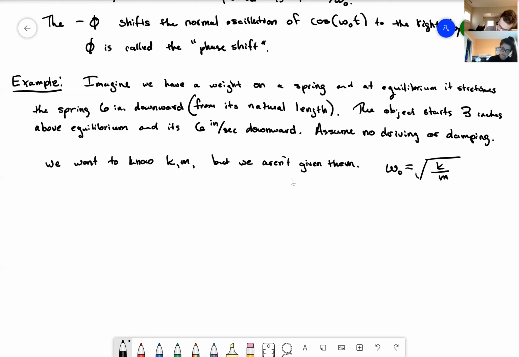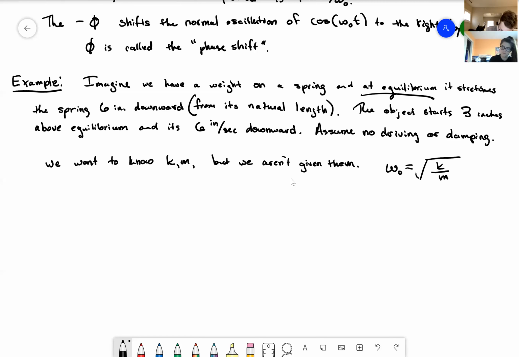At equilibrium, the spring is stretched 6 inches downward. So we're going to have some spring constant. I'm a little bit concerned at the moment about this derivation, but that's okay, we're going to go with it.